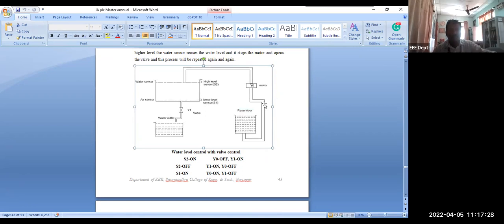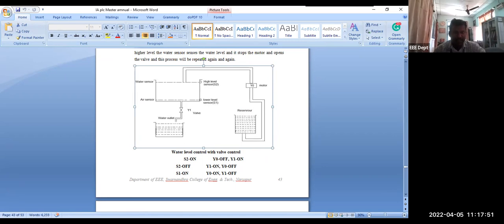S1 means low level sensor. Y0 means motor. S1 is activated, so through Y0 my motor will be on. The motor supplies water, discharged through this pipe to the water tank. So I will execute the system.